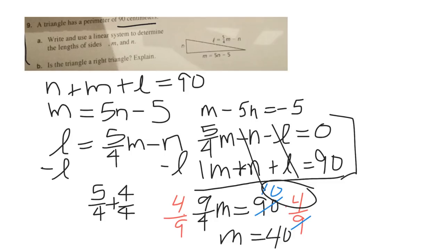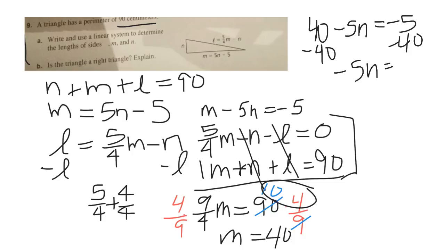And now that I know m equals 40, I can plug it back into this equation here to find n. So 40 minus 5n equals negative 5, minus the 40, negative 5n equals negative 45, so n equals 9.